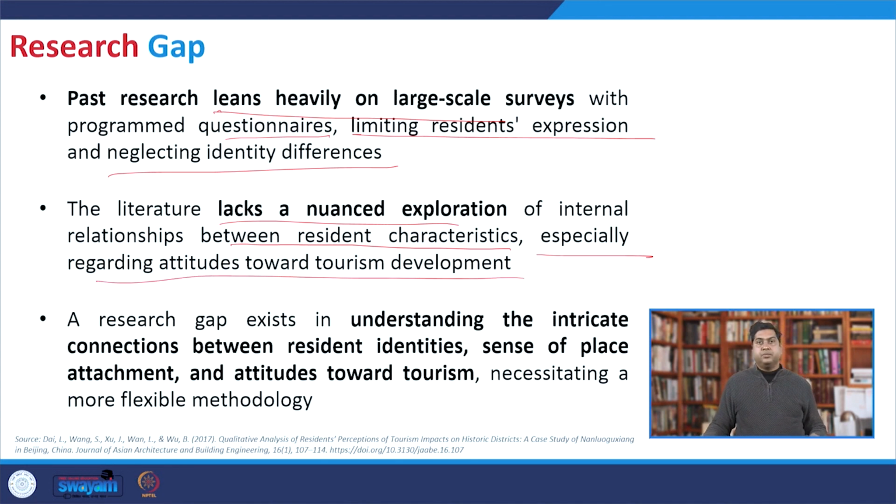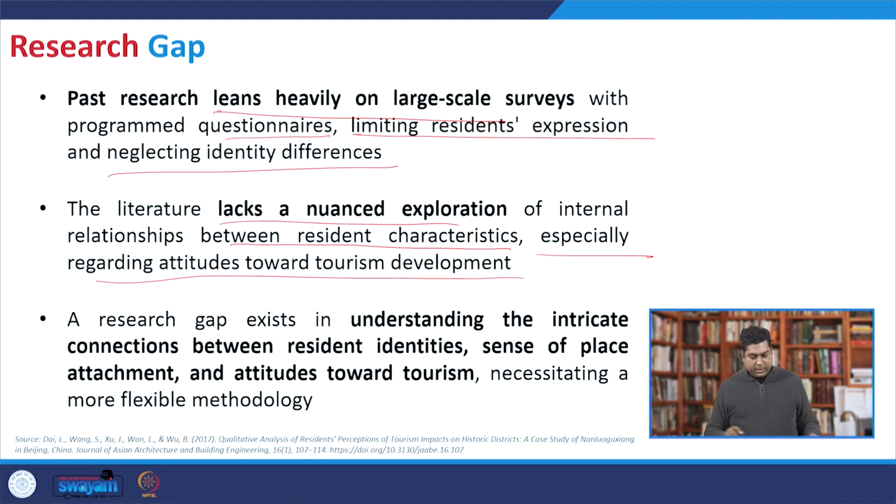Now, tourism definitely will bring some money to that location. There will be some job opportunities, but whether the inhabitants, the residents, are really happy with that, or whether there are certain issues, is a question for research in that location.